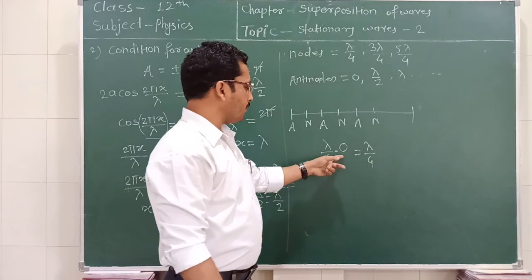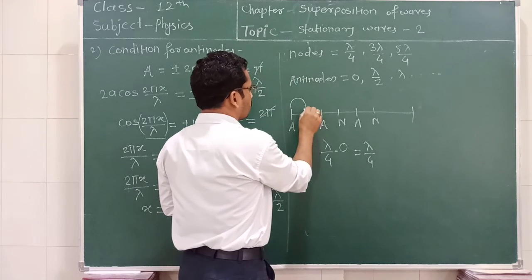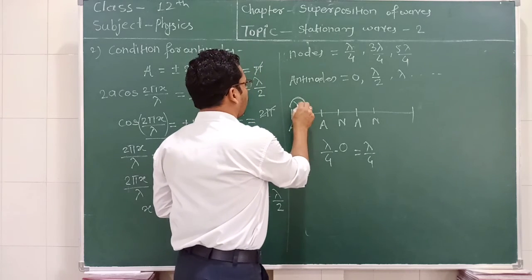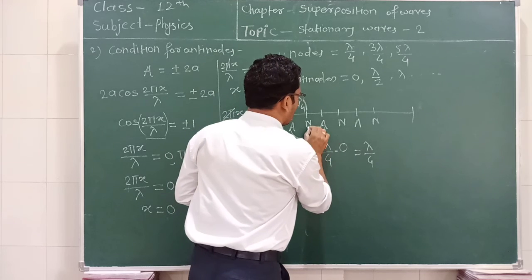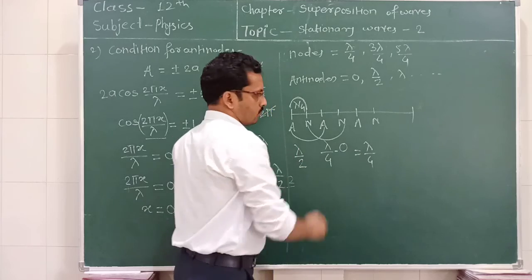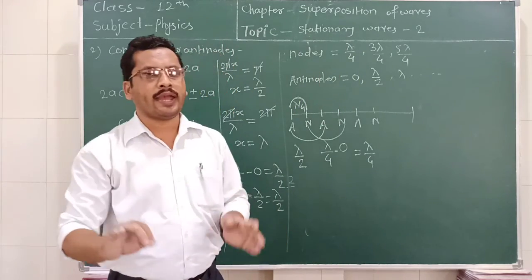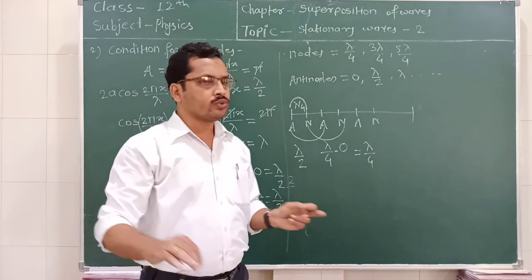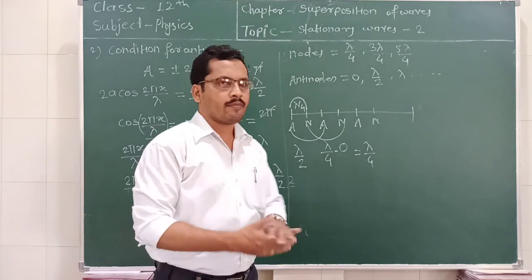It means the distance between one antinode and one node is always lambda by 4. It must be remembered that the distance between one node and one antinode is equal to lambda by 4, and the distance between two successive nodes or two successive antinodes is equal to lambda by 2.